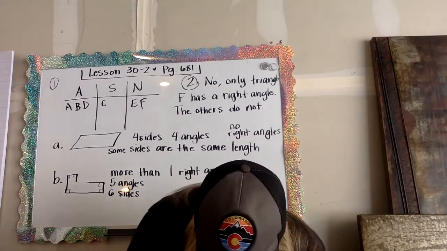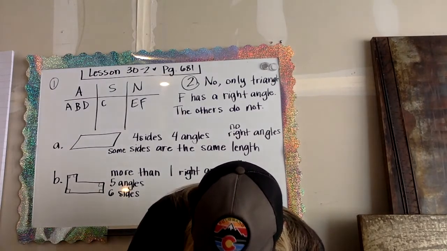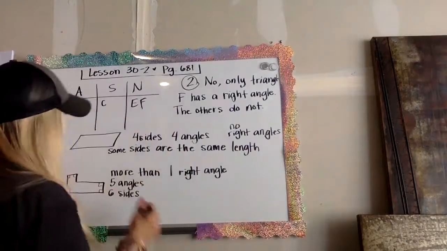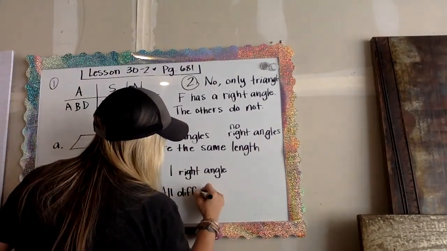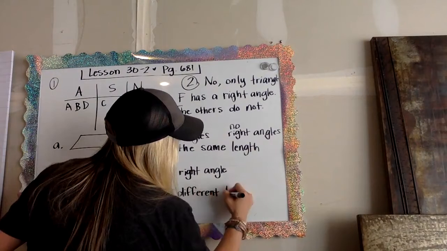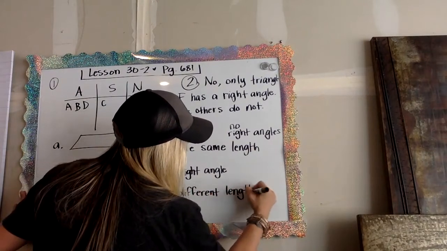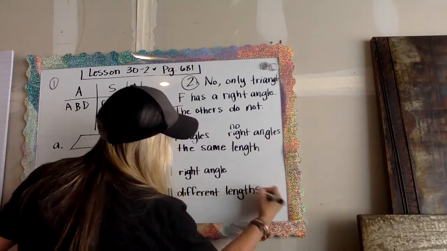And then over here. So they are different. They're all different sizes. So all different, and I'm just going to put lengths because then you know what I'm talking about. You could say all different lengths.